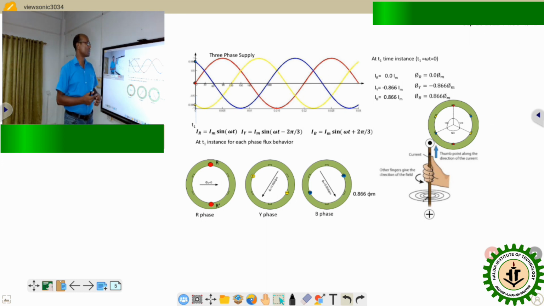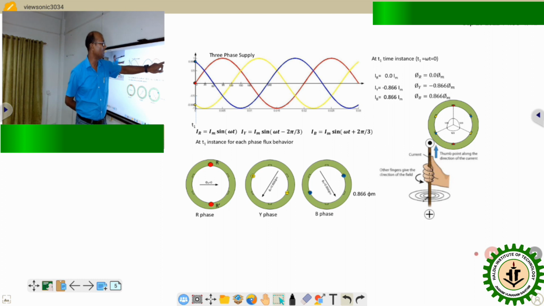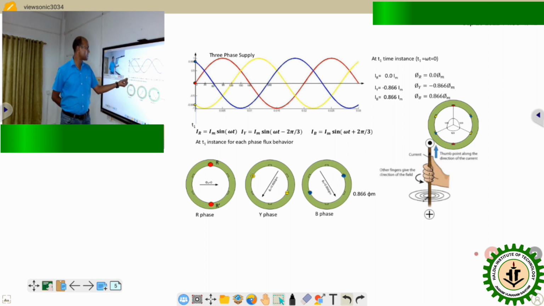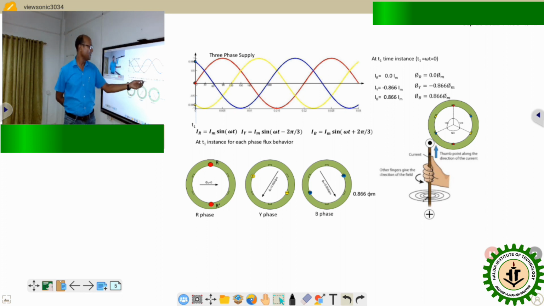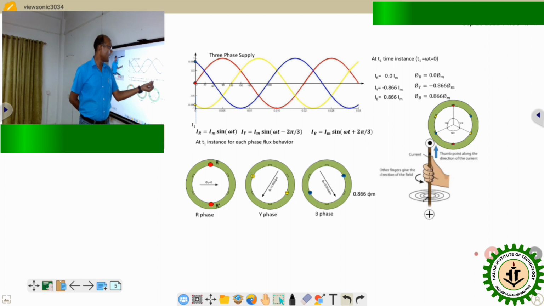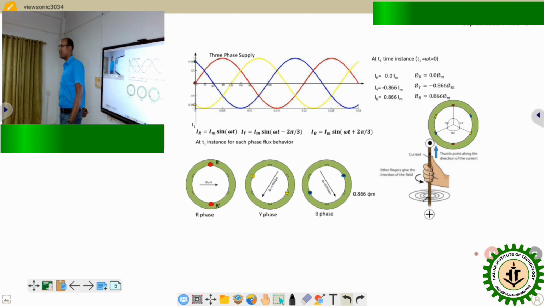First of all, we consider time t1, with these current expressions: IR equals Im sin omega t, Iy equals Im sin(omega t minus 2 pi by 3), and Ib equals Im sin(omega t plus 2 pi by 3).